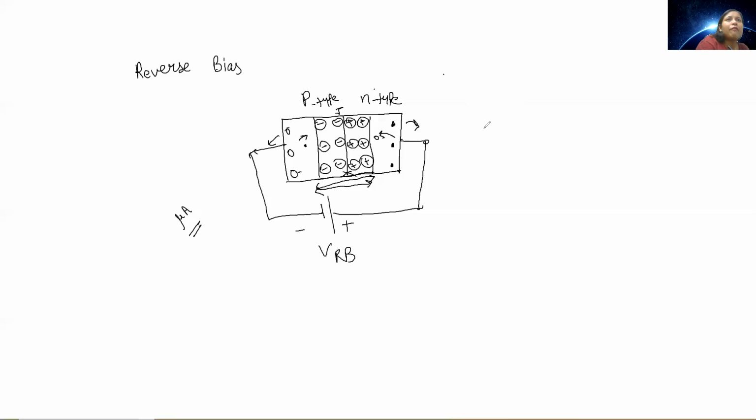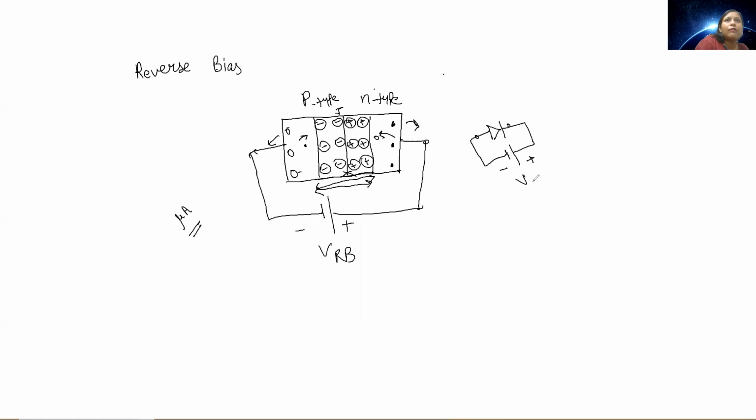If I show you the symbolic representation of reverse bias, it will have the negative terminal connected to anode and positive terminal connected to cathode.